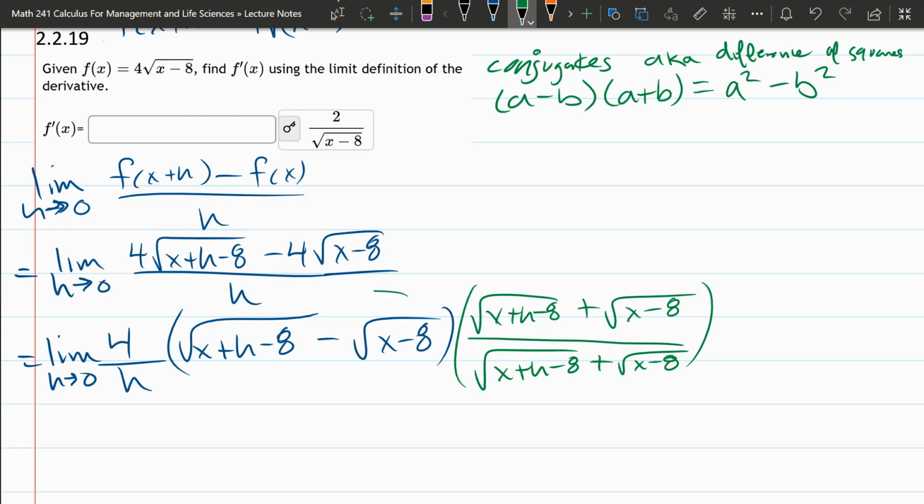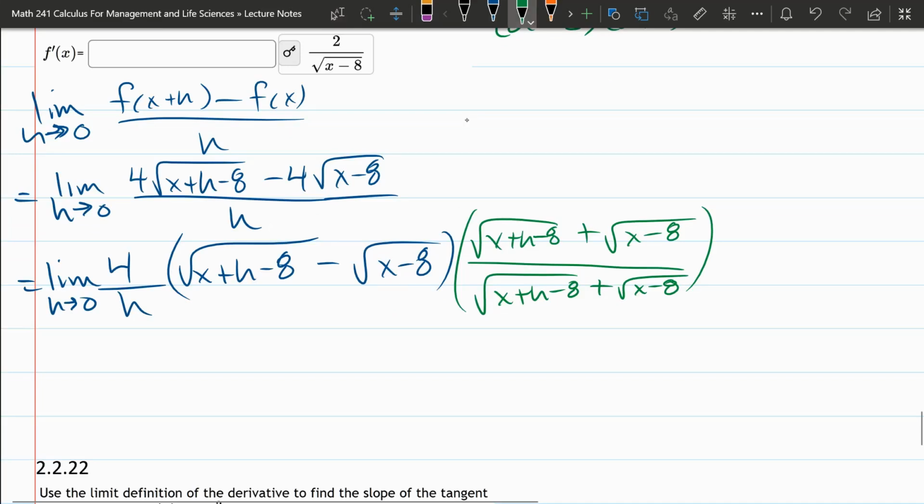We're multiplying numerator times numerator. When we multiply these together, it's the first term times the first term, and notice they're exactly the same. So when we multiply those two together, we get the square root to cancel. Now we multiply the second two terms together, the square root cancels.